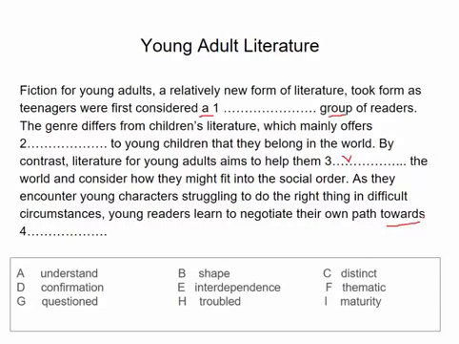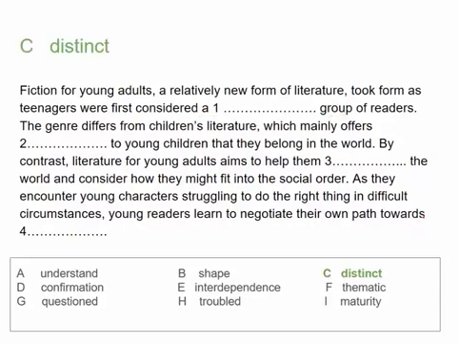Starting with number 1. Okay, the answer for number 1 is C, distinct. C is an adjective, distinct is an adjective, and distinct means unique or separate, right? Something different from something else.